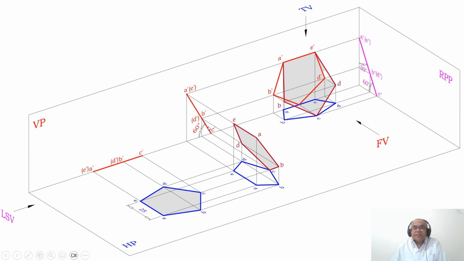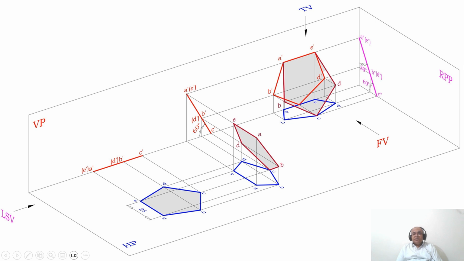But we can see the surface inclination with respect to HP here because the surface is perpendicular to VP. But now the surface is neither perpendicular nor parallel. Instead, it is inclined to both HP and VP. Therefore, this surface will become perpendicular to the profile plane, so you are getting a line in the side view.